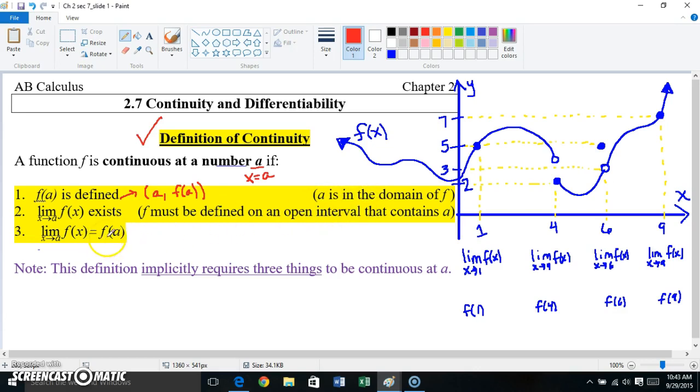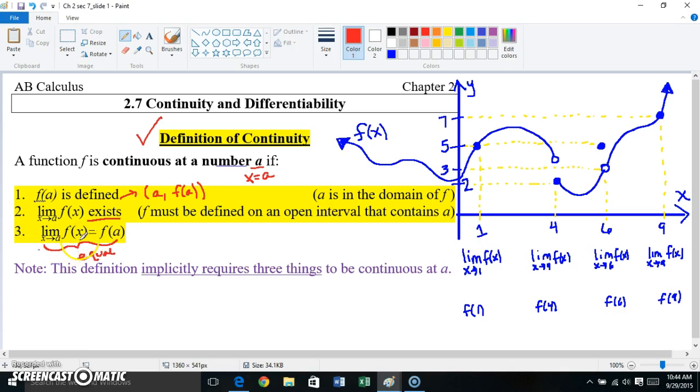The second part of the definition is that the limit of f of x as x approaches a has to exist. Okay, so a point exists, the limit exists as x approaches a, and both of those things are equal.